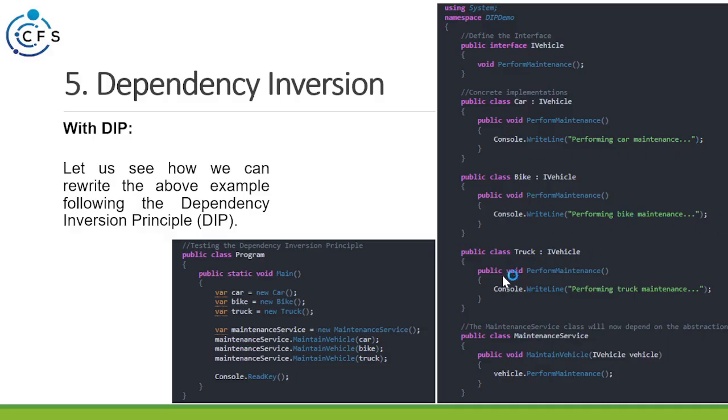Bike has its own, and truck has its own. Now in the maintenance service, we can see it takes an IVehicle, so I'm passing only the interface, and based on the interface it will perform maintenance. If I look at the Program class, I am just creating car, bike and truck as objects, and by passing them as parameters, it performs the maintenance accordingly.